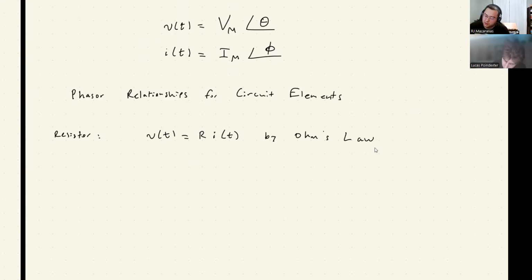And so if I were to write these in their phasor forms, I have some V sub m e to the j times the quantity omega t plus theta v, is equal to R times I sub m e to the j times the quantity omega t plus theta I here.